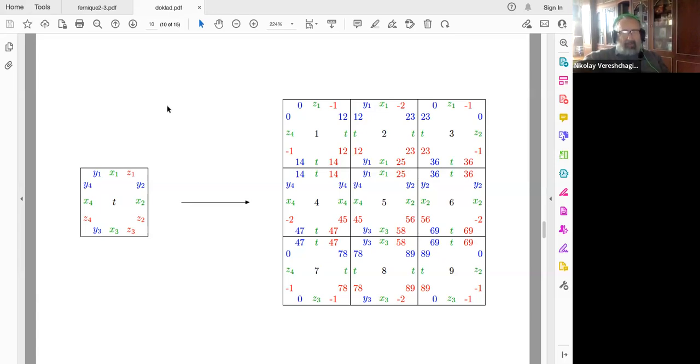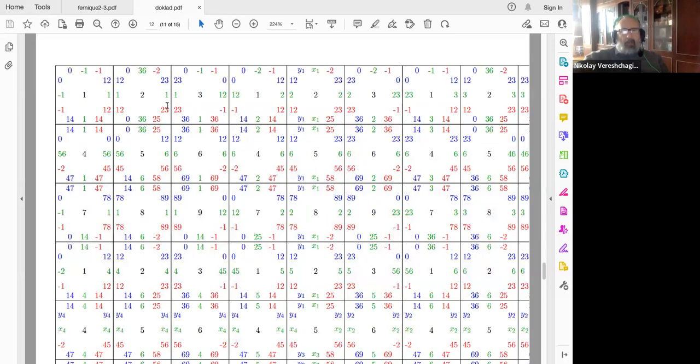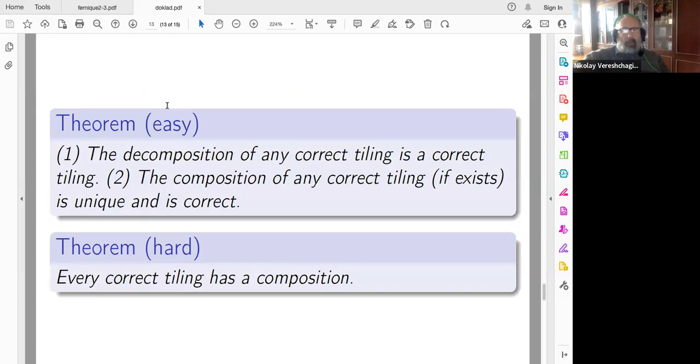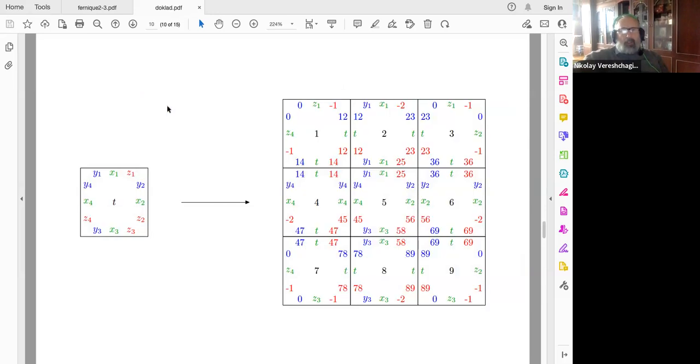Okay, now we can proceed to prove our claim. So what do we want? First of all, we want our tile set to be non-trivial, in the sense that we can tile the entire plane by it.